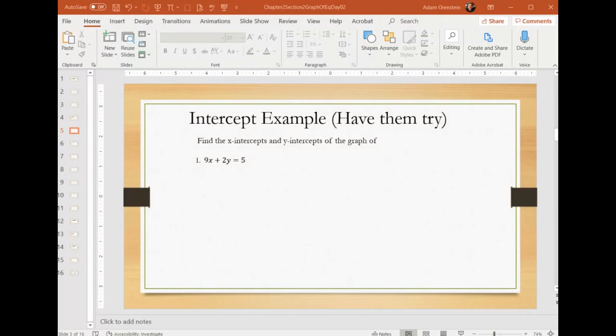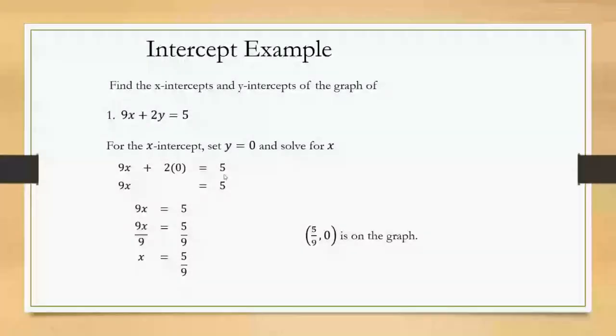Okay, so for these intercepts, let's get the x-intercept first. As I said before, you set the other variable, in this case y, to be 0. That's what I'm doing here.